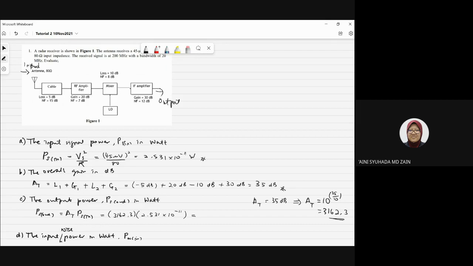So what is the output power? The signal output power? Betul ke? Any of you get a different answer?